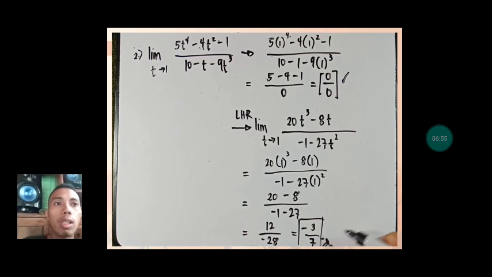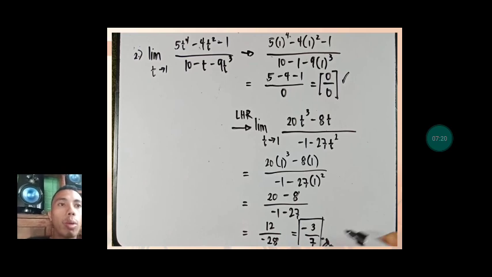So what is the derivative of 5t to the fourth? It's just 20t to the power of 3, because we multiply 5 times 4, which is 20, and then subtract 1 from the power, so it makes it 3.